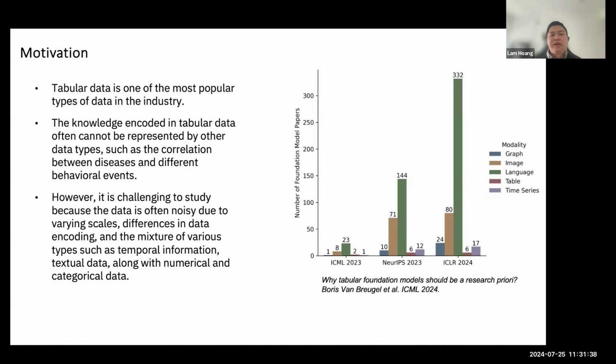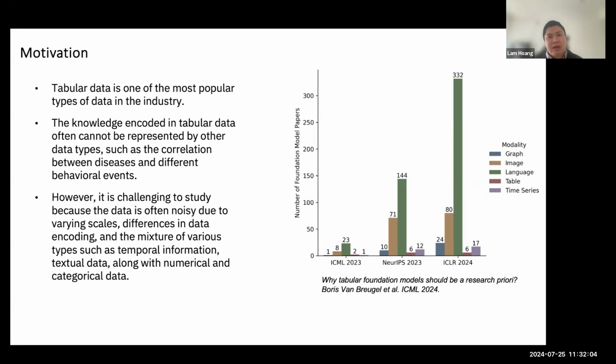And most importantly, tabular data includes knowledge that often cannot be represented by other types of data, because it's private data, and it has information that is not just a single piece of information. For example, correlation between disease and different behavior events, for example, in the electronic health record.